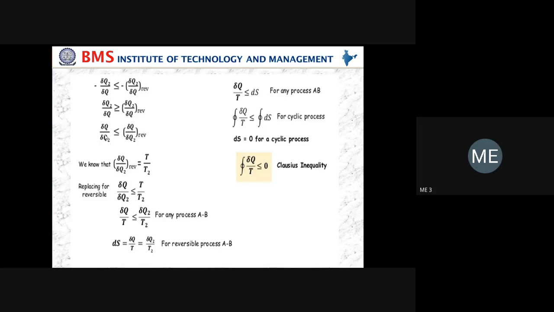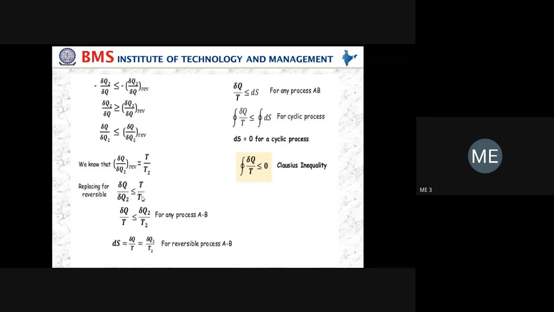So dQ divided by dQ2 is nothing but the RHS term. Instead of this one, just write T divided by T2. And then just change the terms. dQ, you take as a numerator, you take as a denominator of dQ2. Just interchange the terms. dQ divided by T is less than or equal to, and whatever dQ is there, just take as a numerator. There is no change in the equation. dQ divided by dQ2 is less than or equal to T by T2.